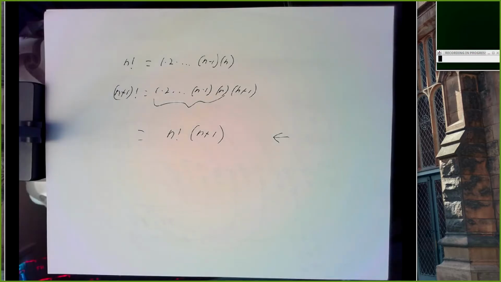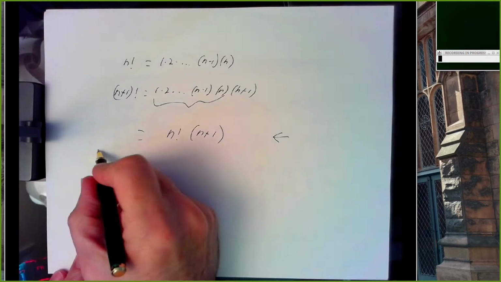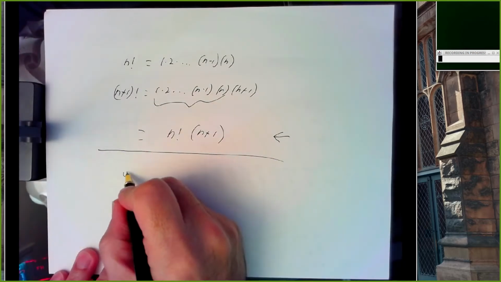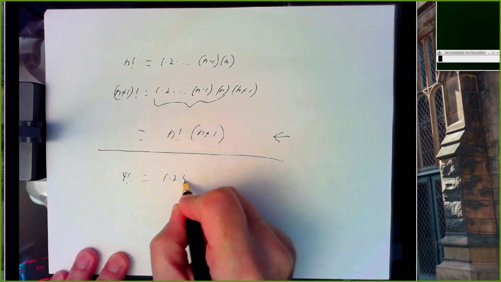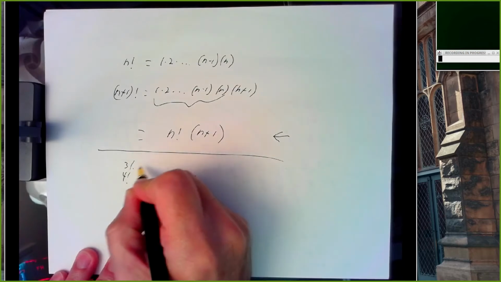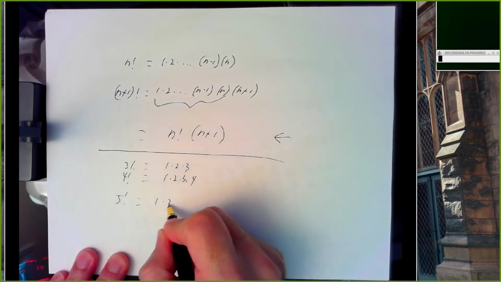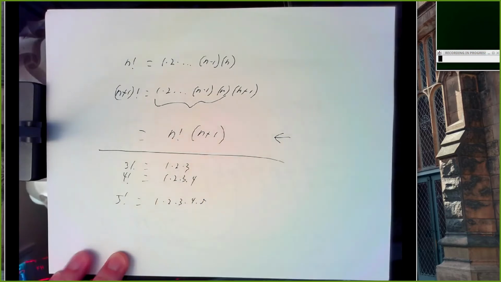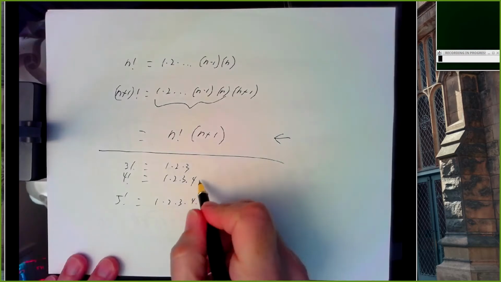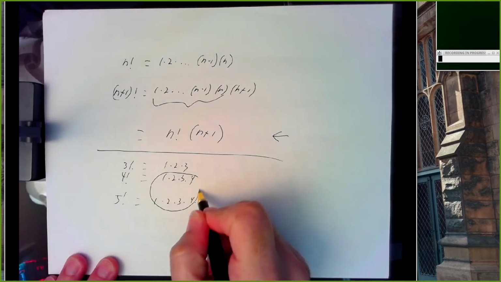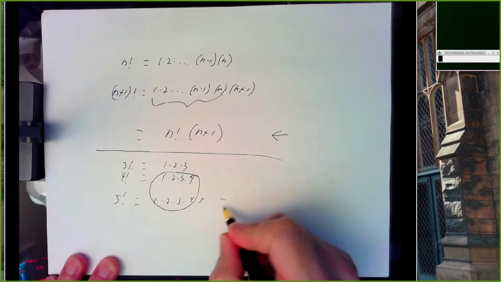Another thing to keep in mind is sometimes we can find patterns by using specifics. And we can't prove patterns with specifics, but for example, if I just write down 4 factorial equals 1 times 2 times 3 times 4, 3 factorial is 1 times 2 times 3, 5 factorial is this, that might make it easier to jump out at us like, oh, this thing right here, this is just 4 factorial.